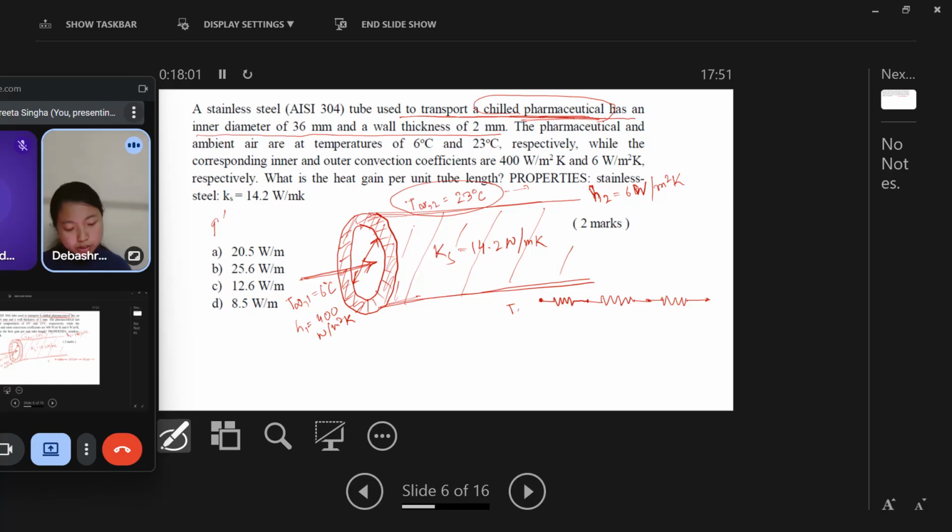This is inside, T infinity 1. This is outside, T infinity 2. So the first resistance is the inner convective resistance, that is 1 by H1A.